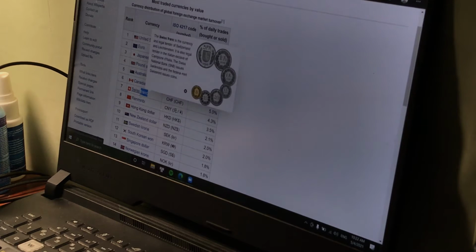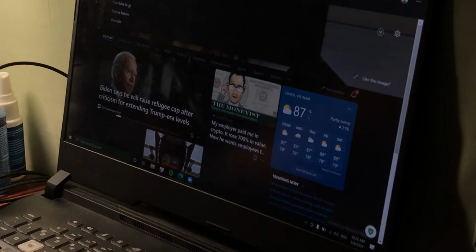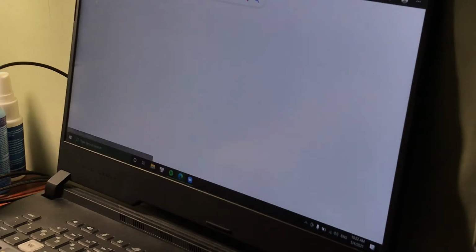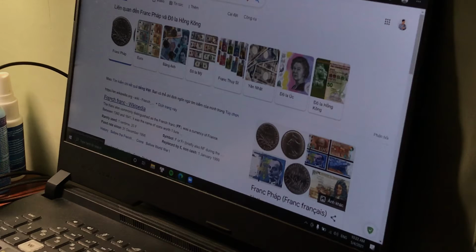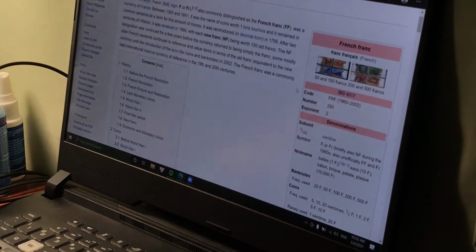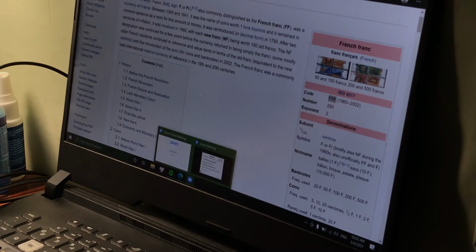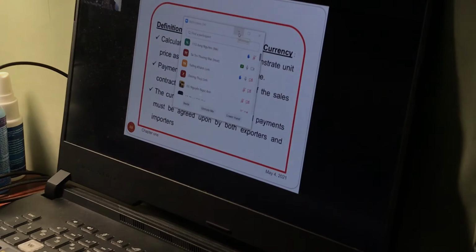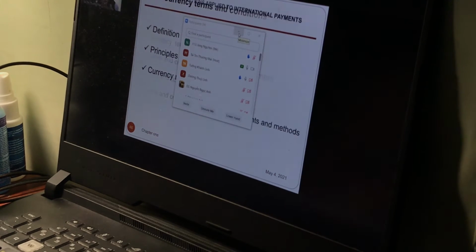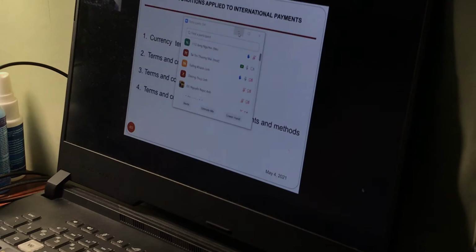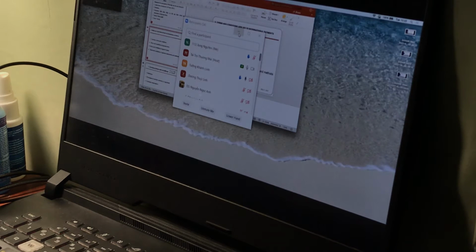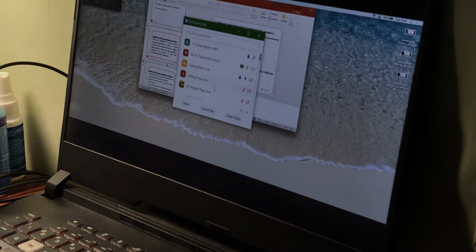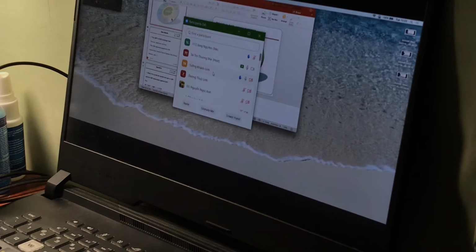Wait a minute, I will sort it. The franc code is CHF.